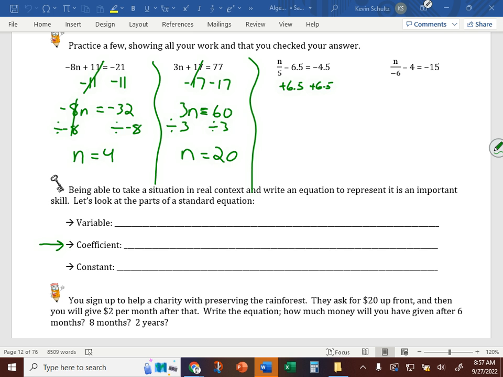And we get n over 5 equals negative 4.5 plus 6.5, which is 2. Now what this is saying is some number divided by 5 equals 2. So what's the process to figure out what that number is?